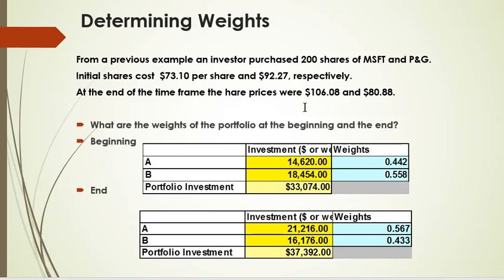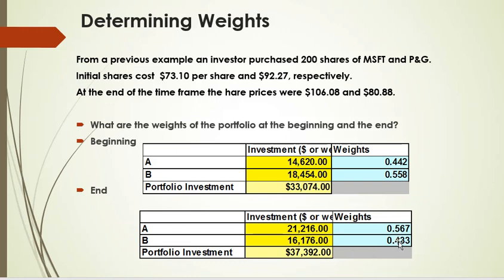At the end of the time frame, we know that the price has changed. So if you make that calculation, our portfolio is now bigger, right? It went from 33,000 to 37,000. But one of the things you see is that our investment in P&G has actually gone down. Remember, there was a negative return for P&G.